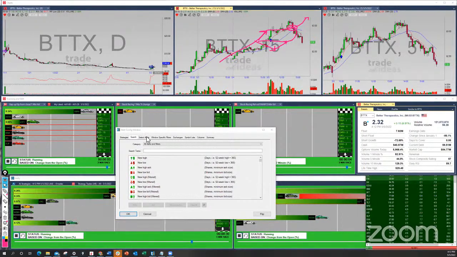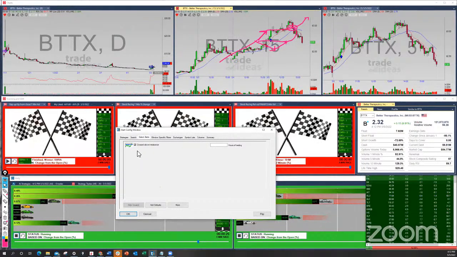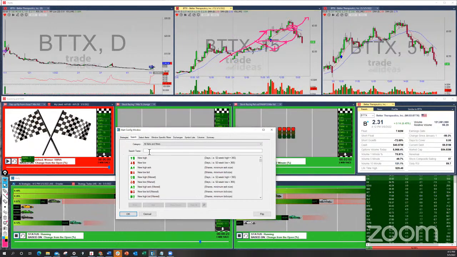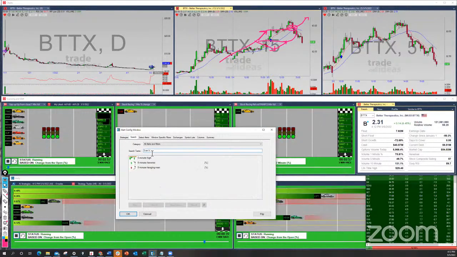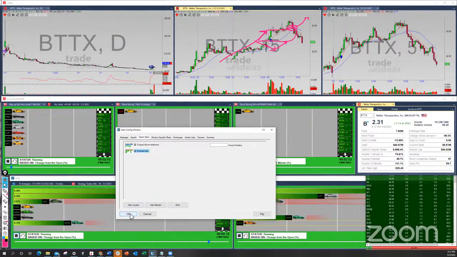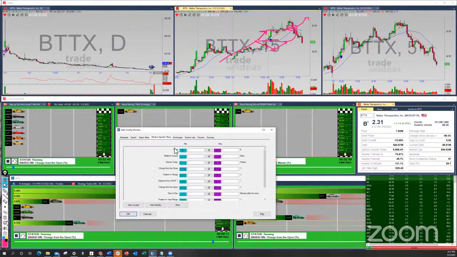All right. And so the one alert that I've been going with for building scans like this is this cross above resistance. However, that 5-minute high, I think, is a great one to use too. We can always do that. We'll throw that in here for fun. We'll run them both. All right. And then we can start with the basics of the scanner. In my window specific filter, I have some default filters that will always be there for me, the way I set up my default windows to start.